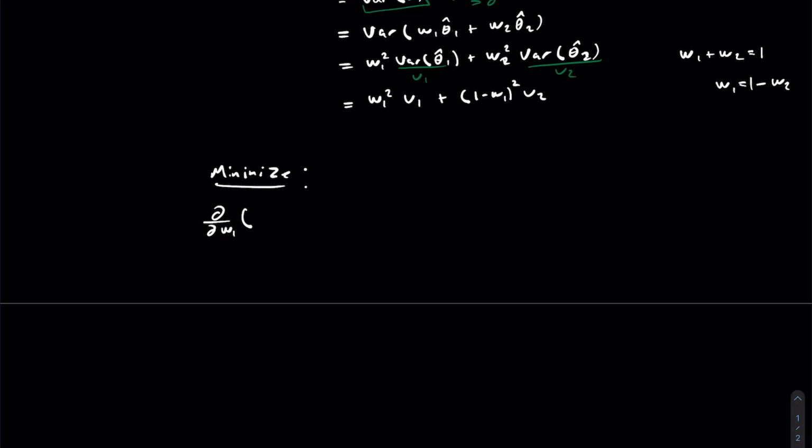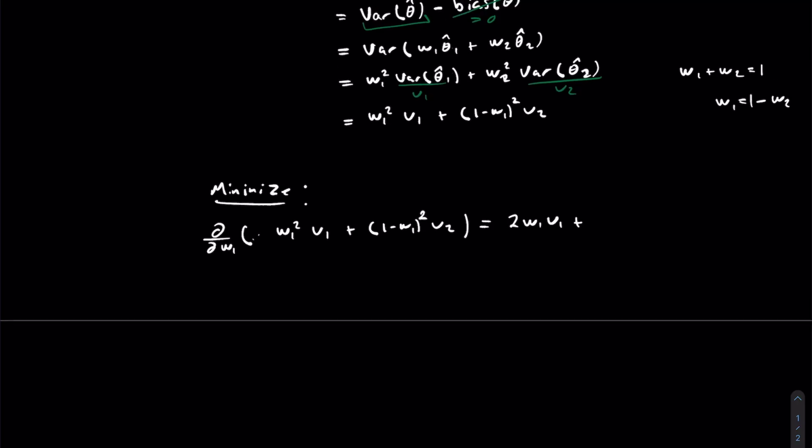So we take this term here, like so, and this derivative is now 2, weight 1, variance of 1, plus, here we have, oh, we've forgotten the squared, like so.